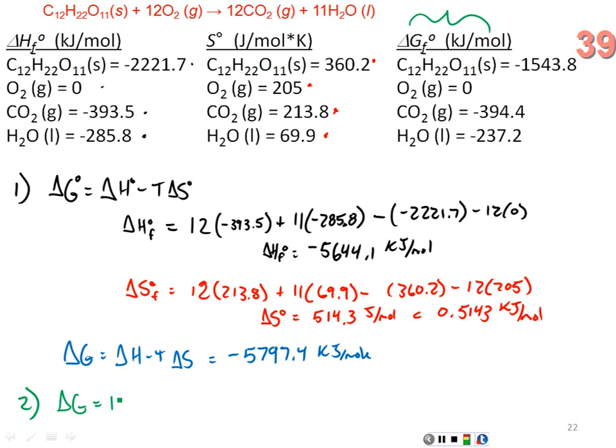So we do a sum of the products first. We have 12 times minus 394.4 for CO2. And then we add 11 times minus 237.2 for H2O.